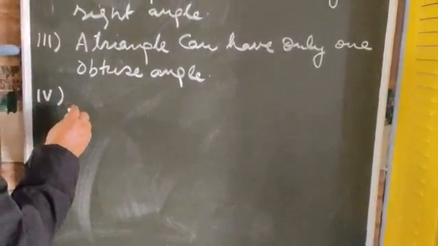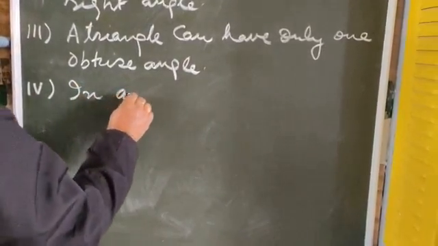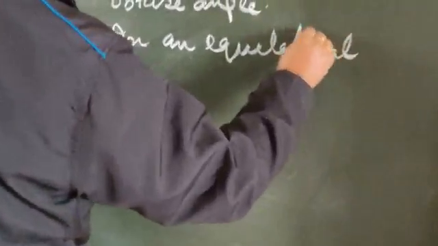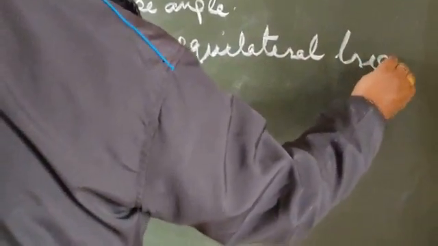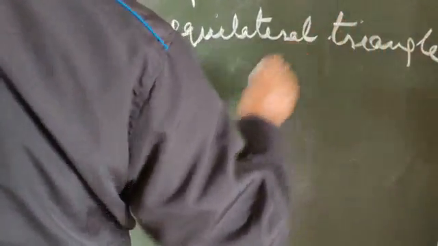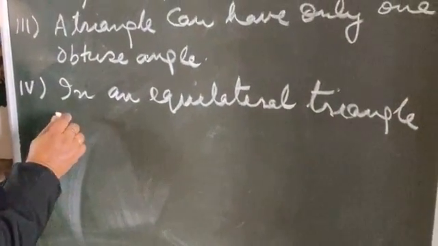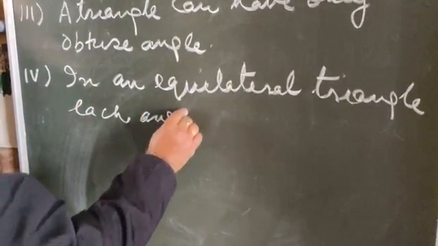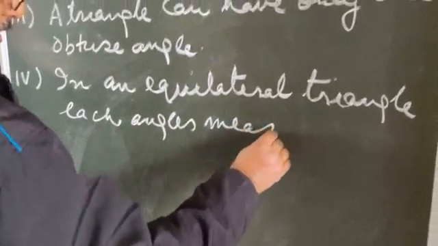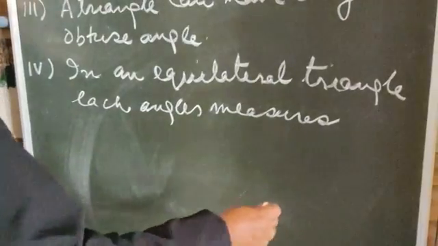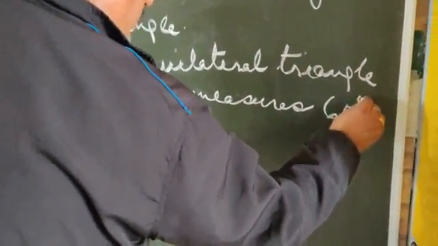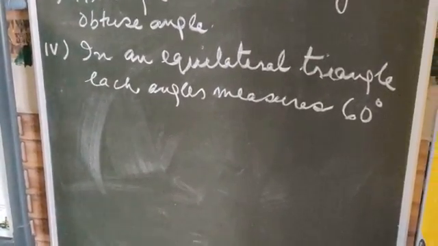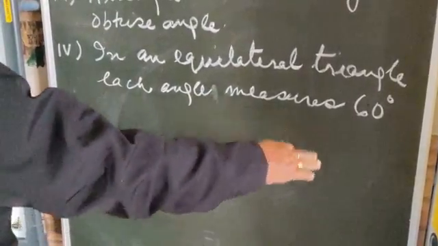Number 4: in an equilateral triangle, each angle measures 60 degree.